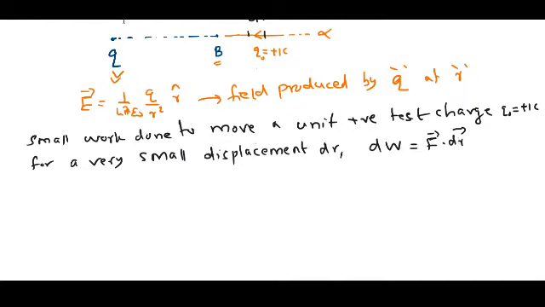Then to calculate the total work done to bring the charge from infinity to the point B, that can be written as W is equal to, just integrate this one, that is from infinity to the point B, F dot dr. Then what is this F? F is nothing but the electric force.